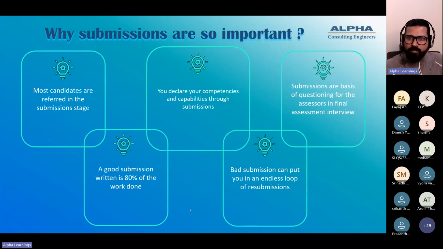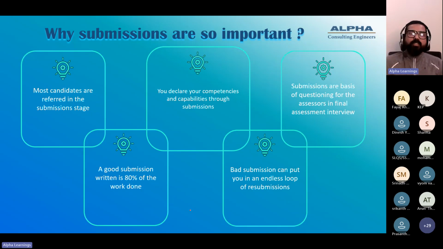So why are submissions important? Firstly, you have to understand why RICS is asking candidates to make written submissions before they can go for interview. They could have just asked the candidates to come and interviewed them. But why are they asking for submissions?